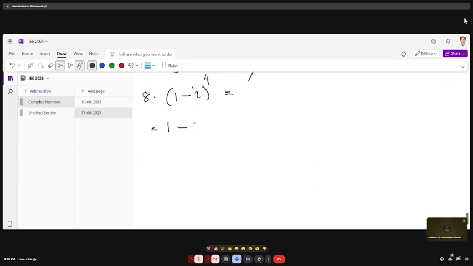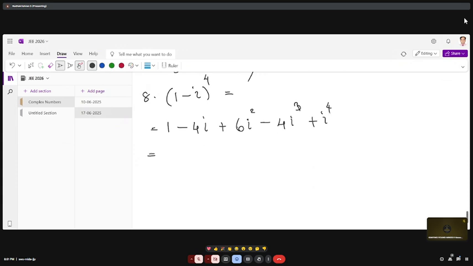1 minus 4 into i plus 4c2, which is 6 into i square, minus 4 into i cube, plus i power 4. So I have given the expansion.